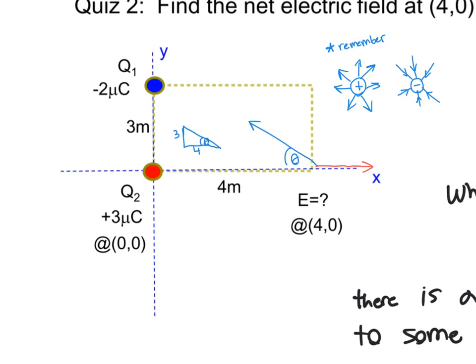We're given the distances 3 and 4, so I can find the relationship to find this angle, and this angle will help us find the components for this vector. So now you can see here's in the x, here's in the y, and the contribution from this point charge is actually all in the x direction.